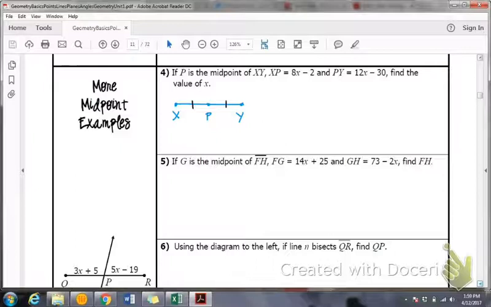All right. So this says XP is 8x minus 2. So we're going to write above XP, we're going to write 8x minus 2 over here on this side. Because that's how, from X to P, it tells me is 8x minus 2. And then P to Y, come with me, is 12x minus 30.